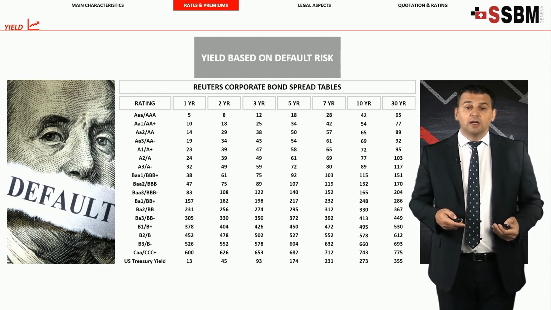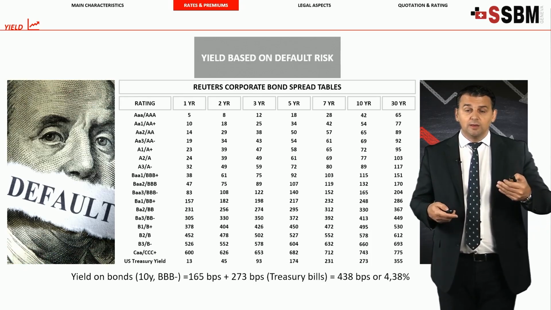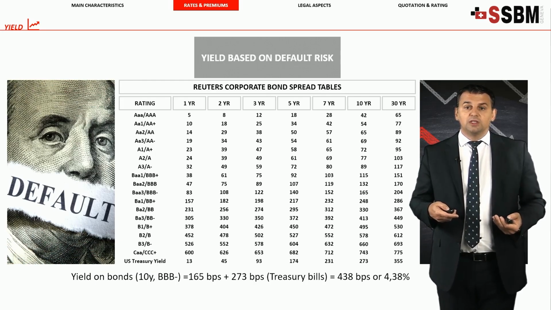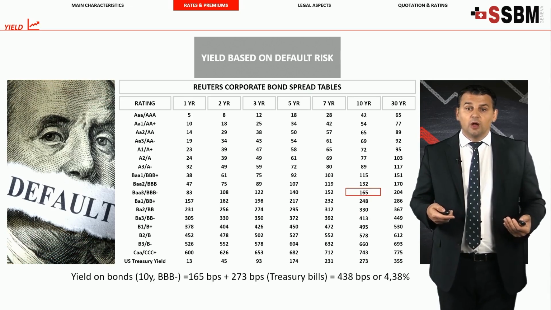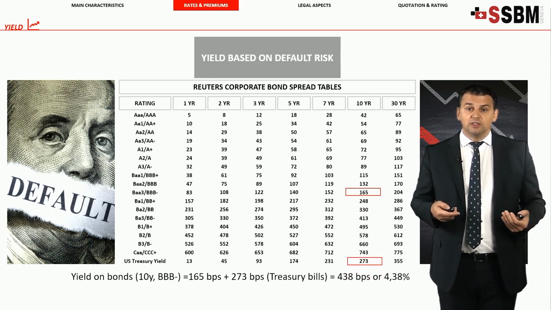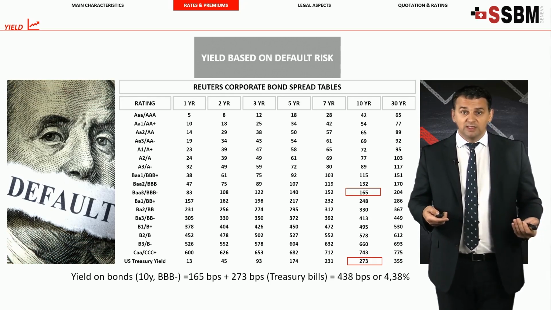If you have, for example, a 10-year bond with a rating of BBB minus, investment rating, so you are in the middle, you are not so good and not so bad. In such a case, for the 10 years, your spread is 165 basis points, plus 273 basis points on the treasury yield, treasury bills, risk-free, issued by the state, 273 basis points for 10 years.